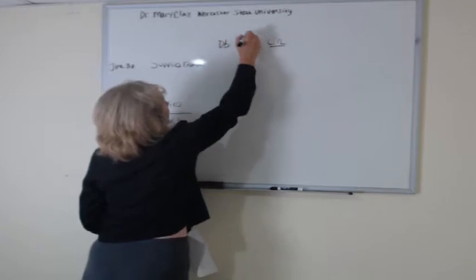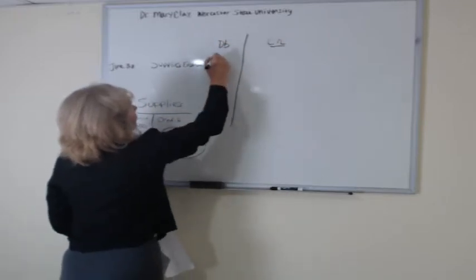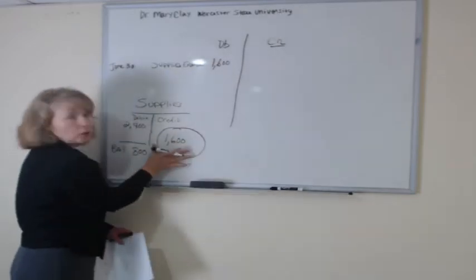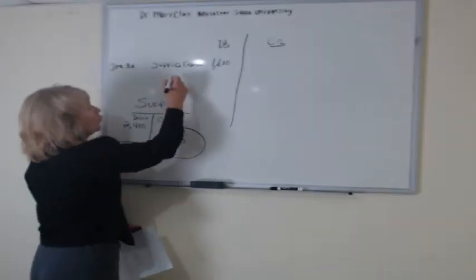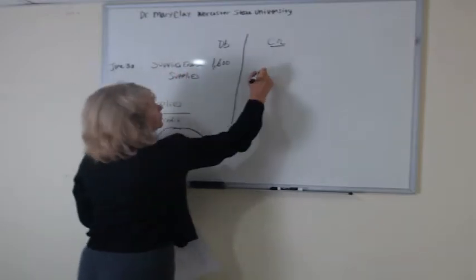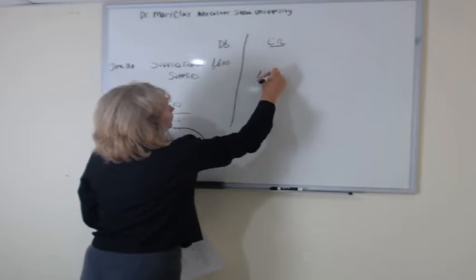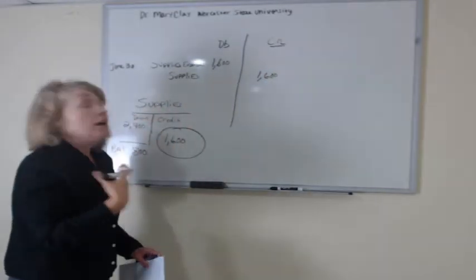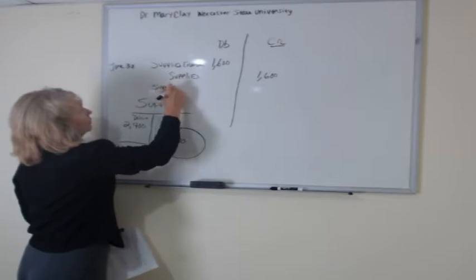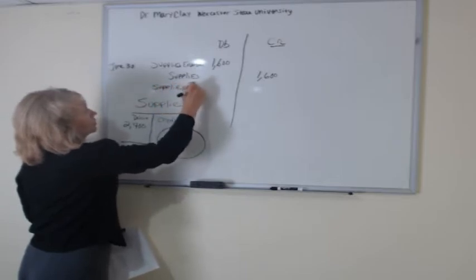Just want to be clear. Draw a line. 1,600. And then I'm going to credit. Look at right here. You get it. I'm going to credit supplies 1,600. And then I put the explanation. Supplies expense.